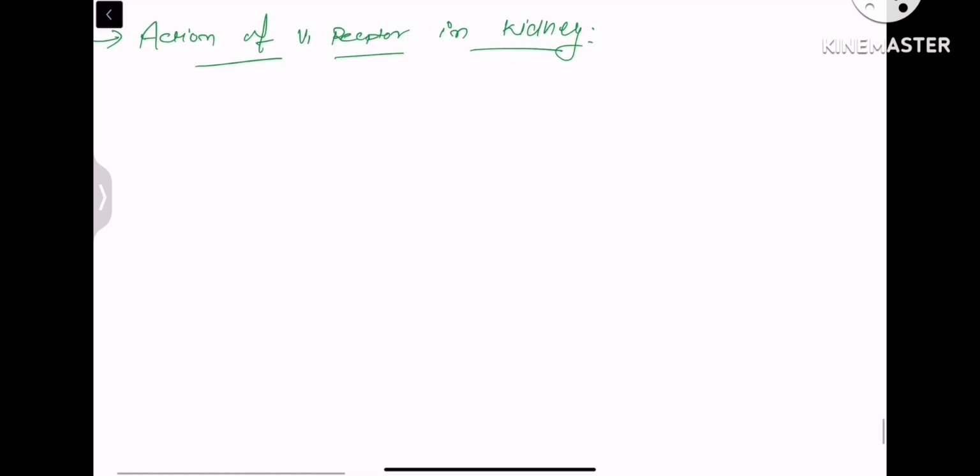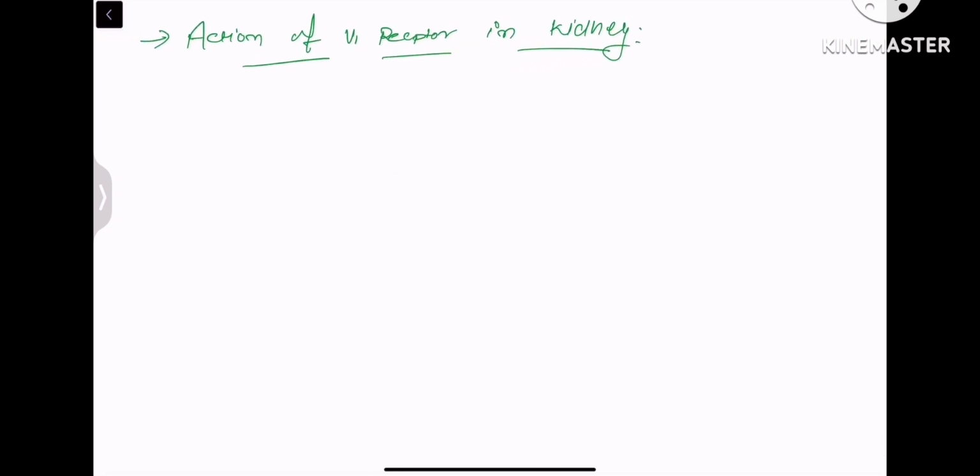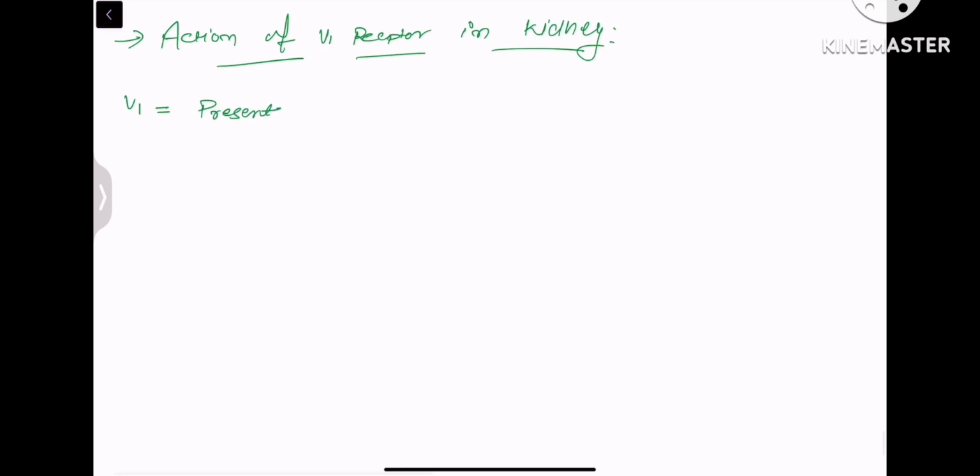Now let's come to the action of the V1 receptor in the kidney. So we'll write here: V1 receptor is present in the vascular smooth muscle of the vasa recta.